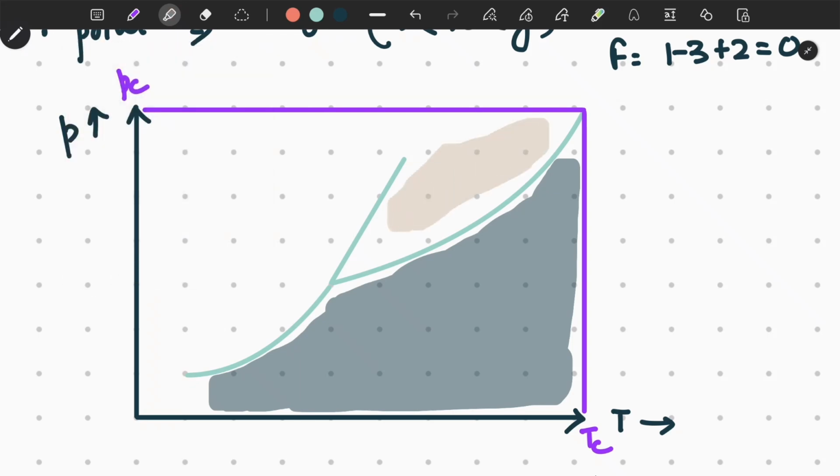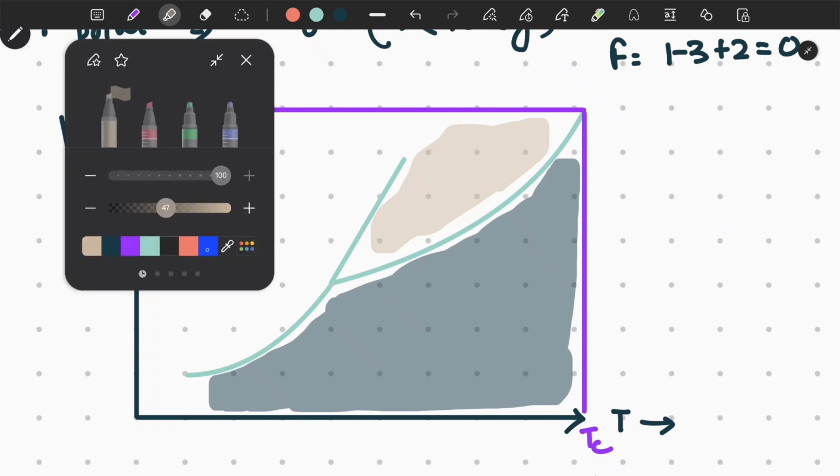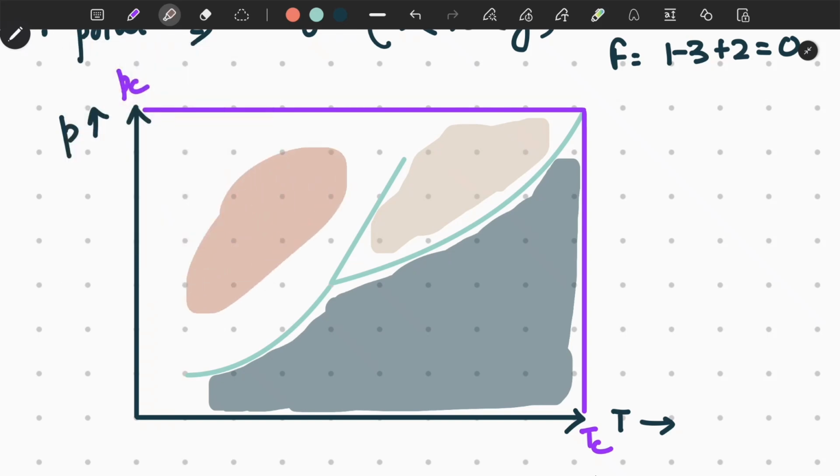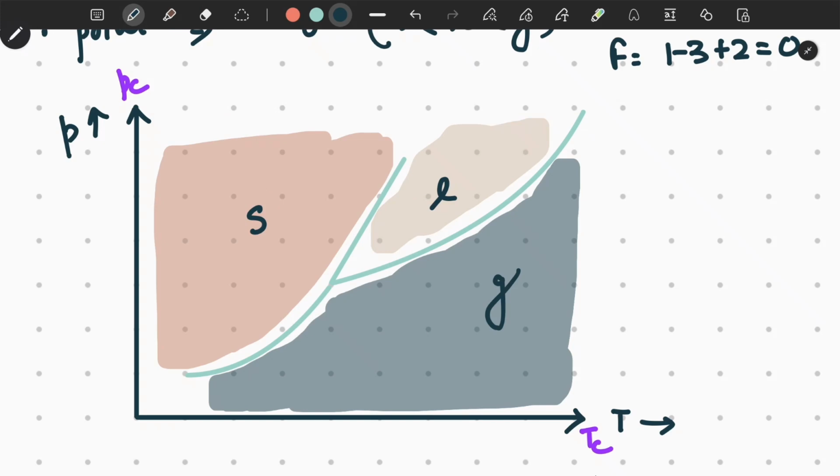This is liquid. This is solid. Every phase diagram is the same, but the point values will be different.